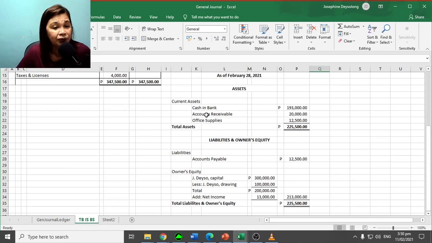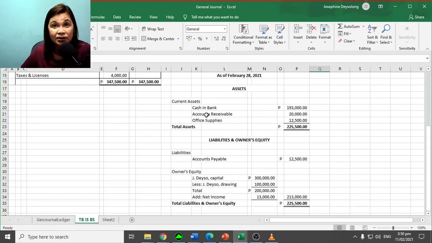These are called current assets because they can easily be liquidated. When you present the current assets, it should be in accordance with liquidity, meaning the first one to be converted into cash. So, of course, the first one is cash in bank. This is already cash, already liquid.